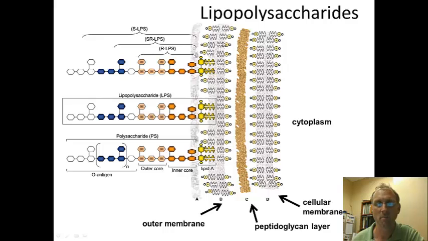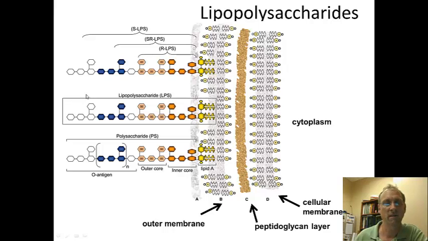Remember, you can have different components that are found in the outer membrane. Some carbohydrate and some lipid, this one here, lipid A, both have extremely detrimental effects on the human body and really assist in the process of disease.